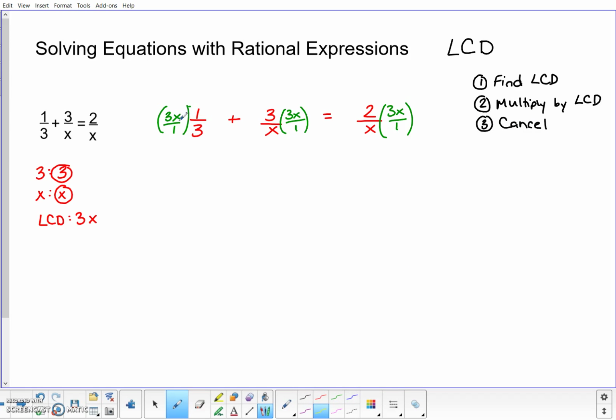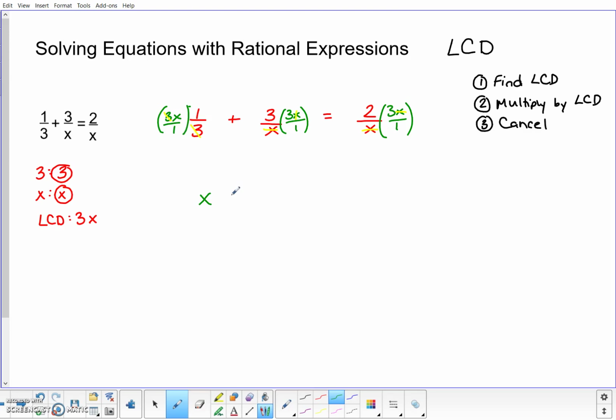If I take a 3x and I multiply it on top, well, guess what? A 3 divided by a 3 cancels out. Here, x on the denominator cancels with this x in the numerator. And x in the denominator here cancels with this x in the numerator here. So, I get x times 1 over 1 times 1.